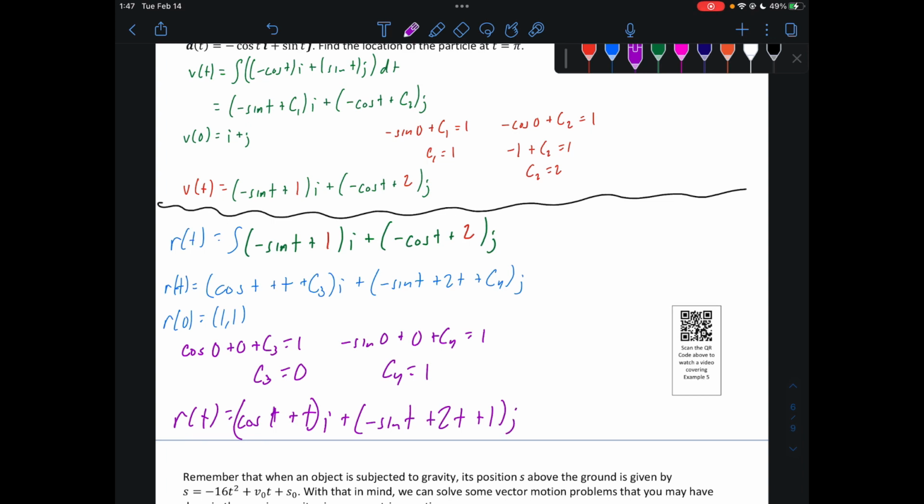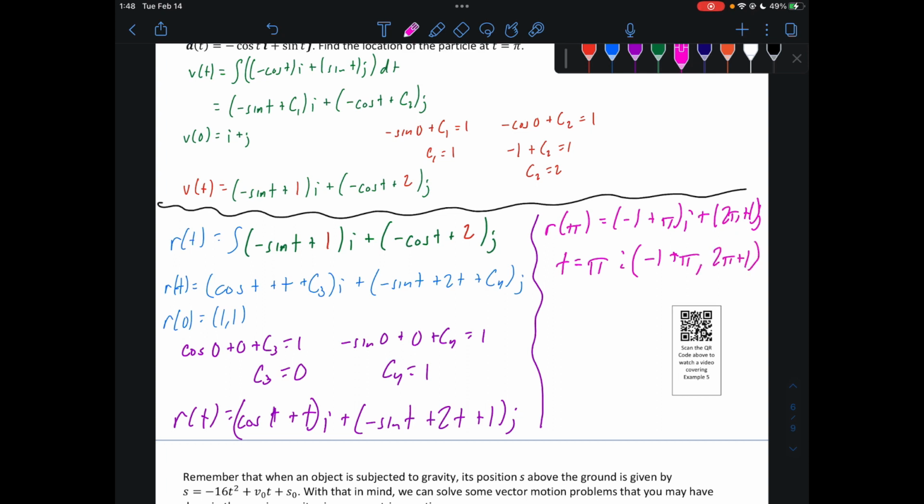So then finally, r of pi would be cosine of pi, which is -1, plus pi i, plus sine of pi, which is 0, plus 2 pi plus 1 j. So the point at t equals pi is at -1 plus pi, comma, 2 pi plus 1.